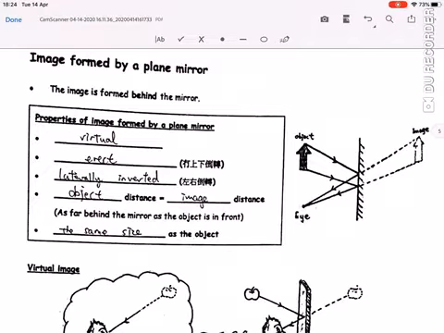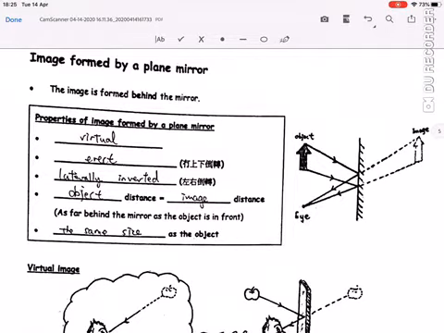The first thing is that this image is a virtual image. Virtual image means that it's only an image. It's not a real object, but our eyes perceive it as a real object in itself.